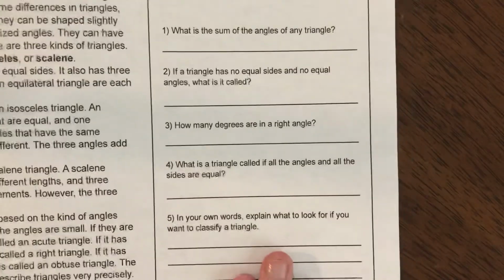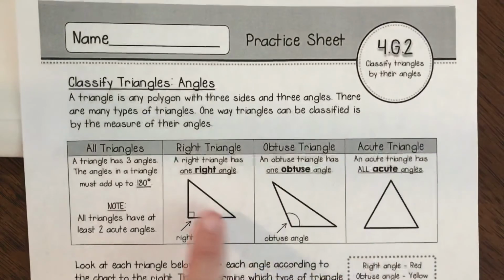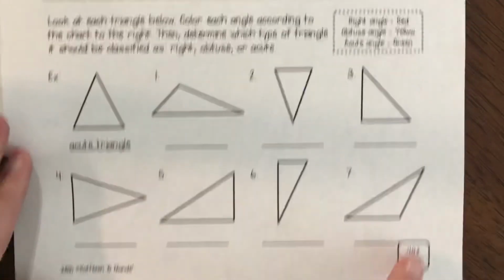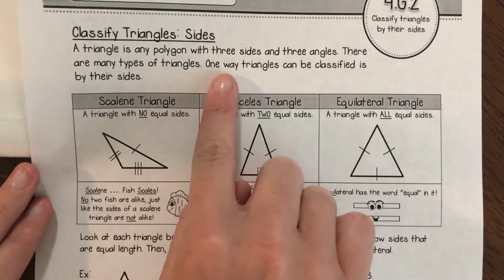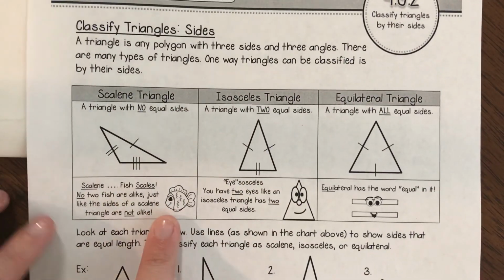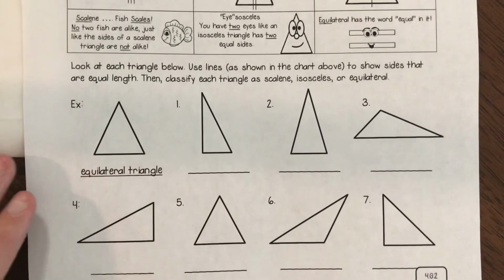You have five short answers to fill in. And then you are going to have the worksheet that has you classifying triangles based upon their angles. Again, we have our right, obtuse, and acute. You have seven of these to classify. And then on the back, you have your sides with scalene, those fish scales, isosceles, equilateral, and then you have seven of these as well.